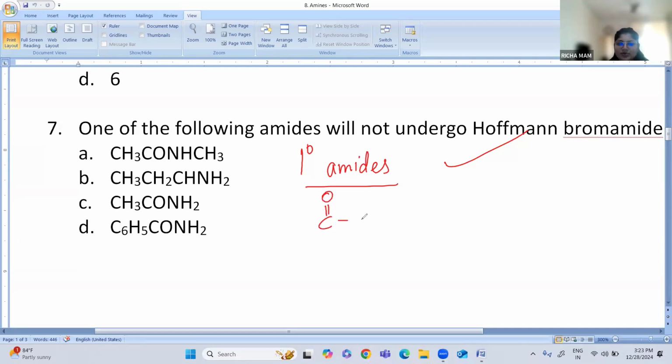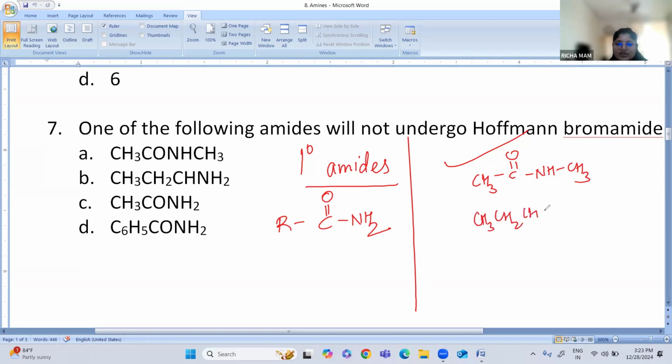Amide means it should be CONH2 like this. Now the first one: CH3, C double bond O, NH, CH3. This is not a primary amide. Then CH3CH2CH NH2, no, this is an amine.